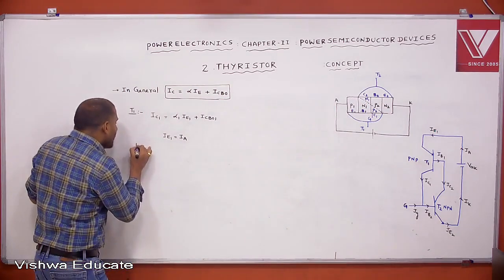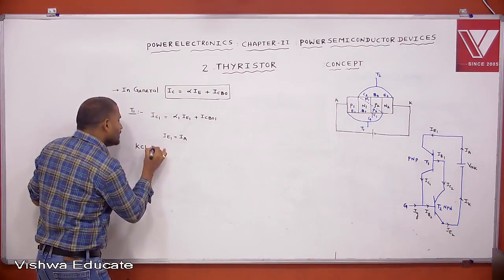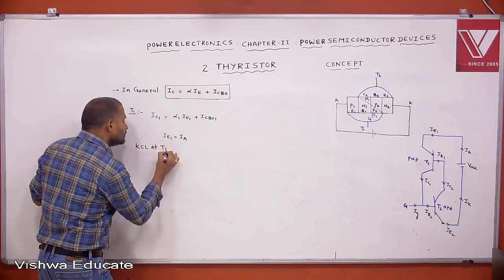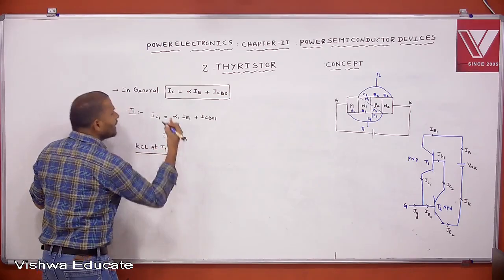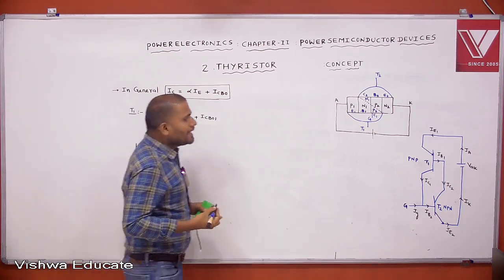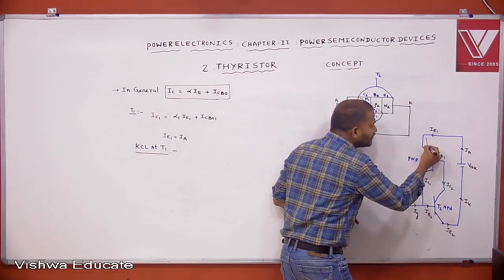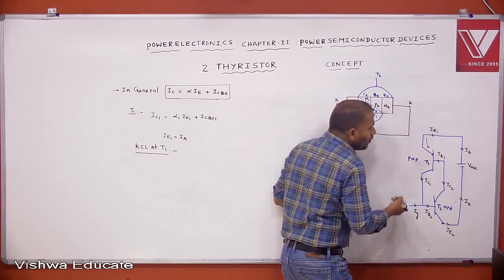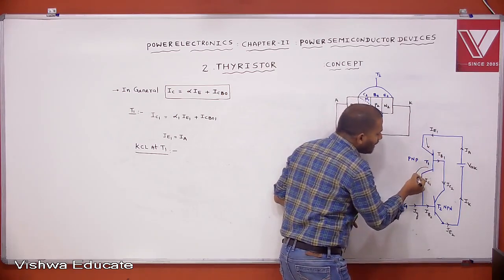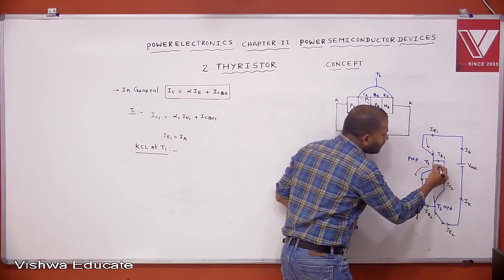Apply KCL at T1. What is the KCL at T1, you tell me? What is the entering current? IE1. What are the leaving currents? IC1 and IB1.